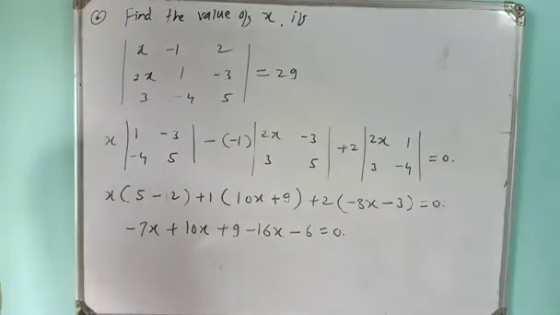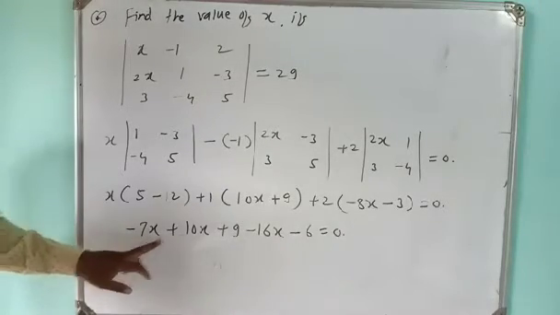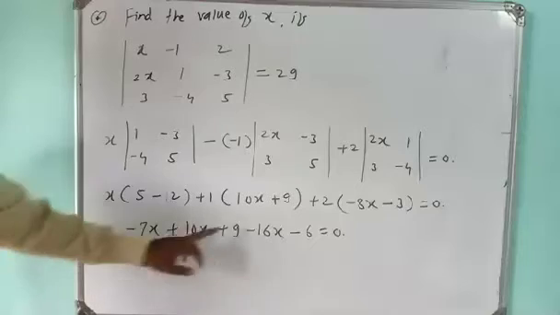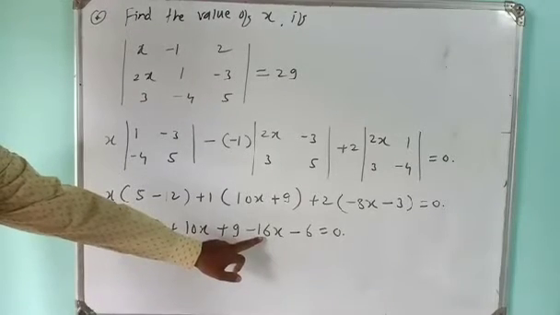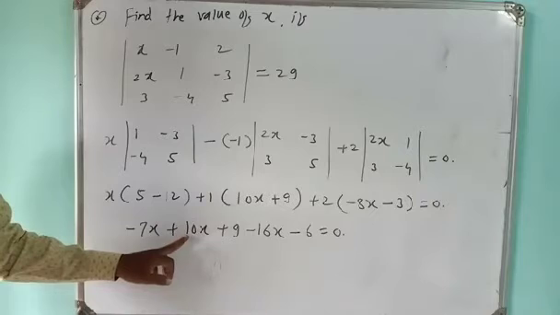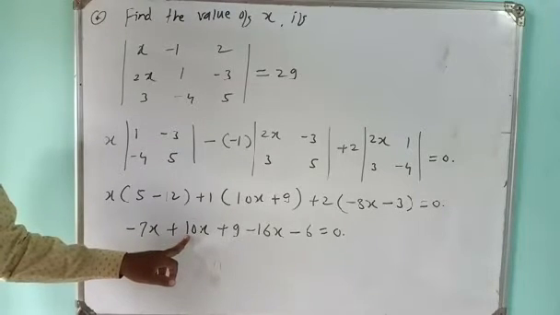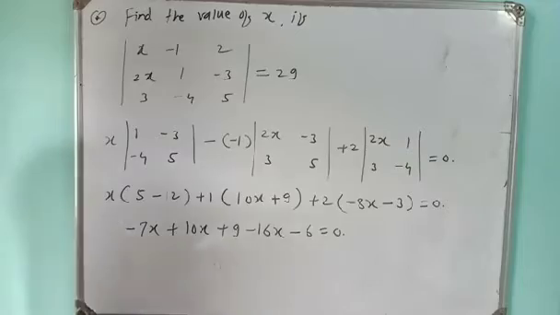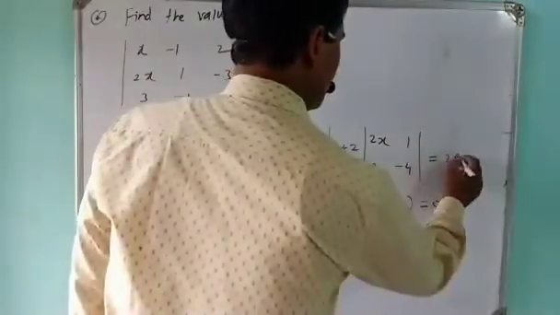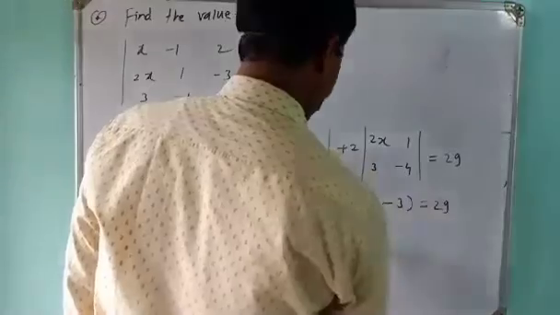So what happens now here? Very simple one. Minus 7x minus 16x is minus 25x, plus 10x, and that is equal to, I think it is given as 29. Okay, not a 0, that is equal to 29.